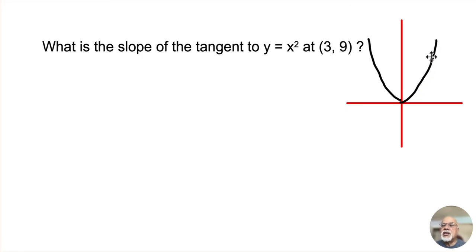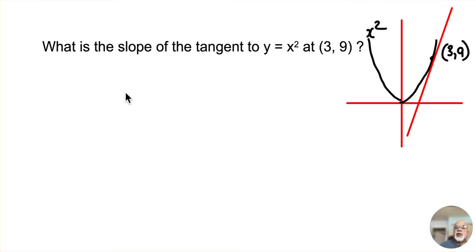And let's say 3, 9 is about here somewhere. That's on the function y equals x squared. And so the tangent that we're after is this one. You can see it's fairly steep and going to be positive from what we can see from the picture.